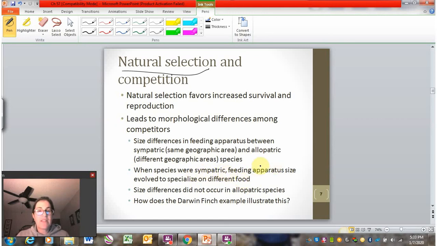If they were living in different areas, then their feeding apparatus did not evolve to be different. So again, this suggests that the competitive pressure of organisms living in the same area favored the adaptation of having different feeding apparatus that allowed them to use different food sources.